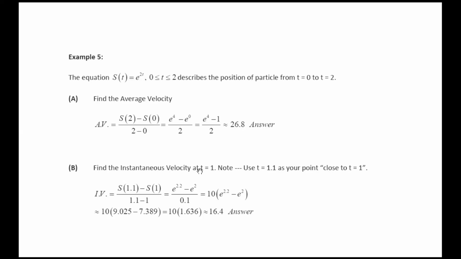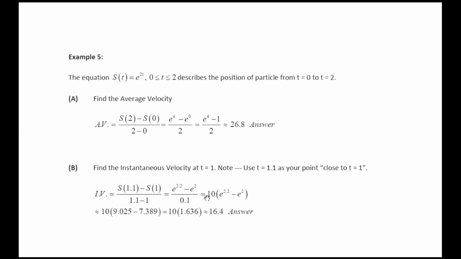Now, if you want instantaneous velocity at, say, t equals 1, we're going to use that test point. Nearby point is 1.1, as usual. So we put 1.1 in for t, and that gives us e to the 2 times 1.1, or 2.2, minus e squared when we put in 1, and over 1.1 minus 1.